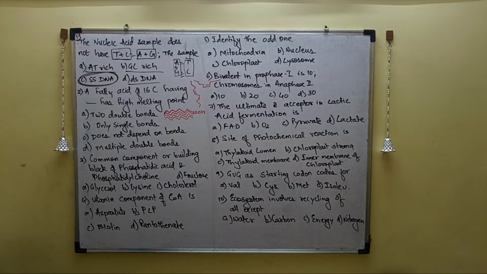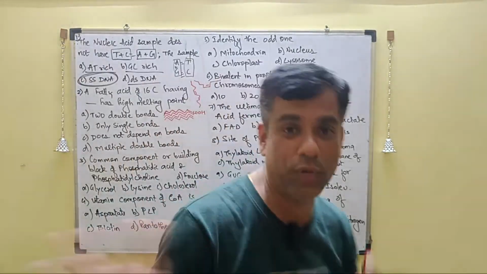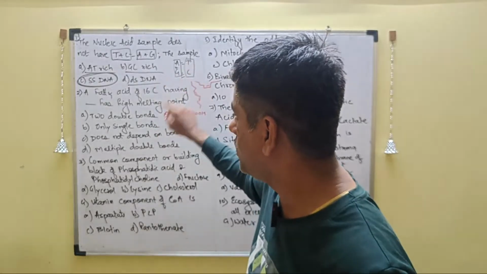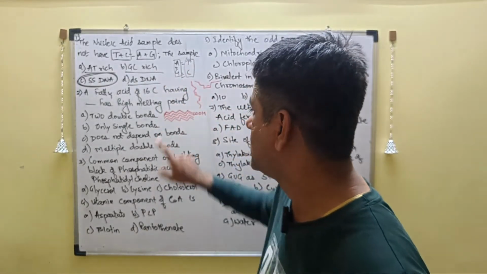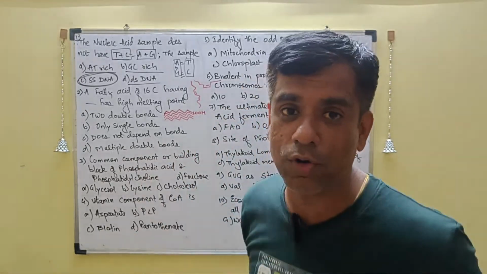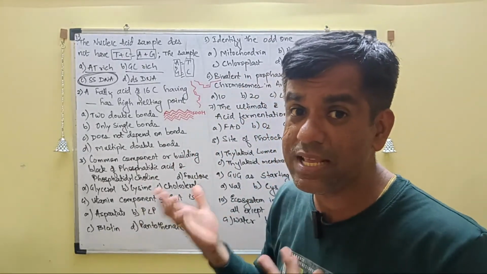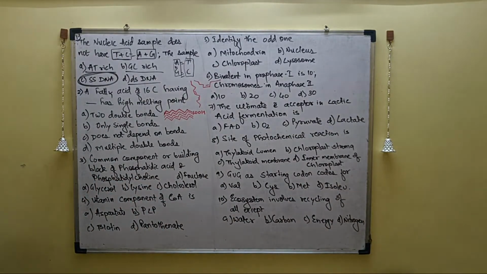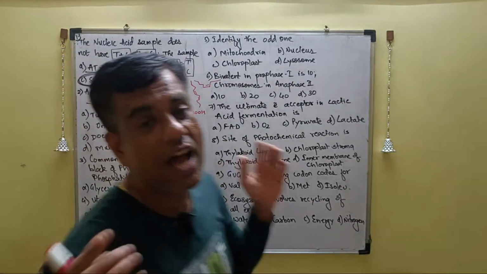Which one has a high melting point? A, B, C or D? I hope you can read it. A is two double bonds, B is only single bonds, C is does not depend on bonds, and D is multiple double bonds. At least put A, B, C, D something in the comments. Yes, please, which has a high melting point?